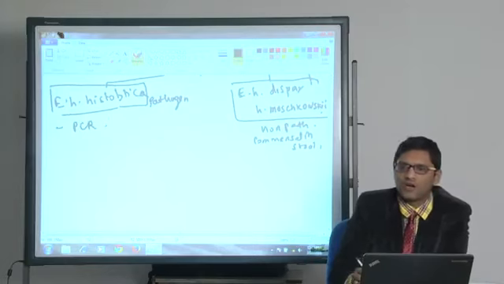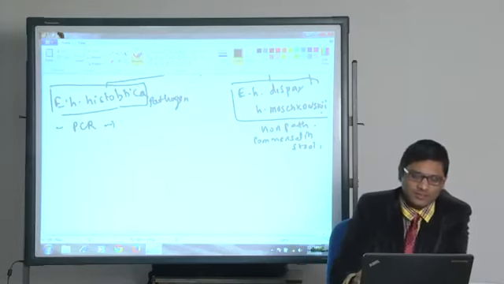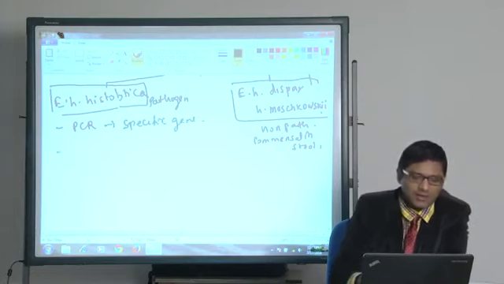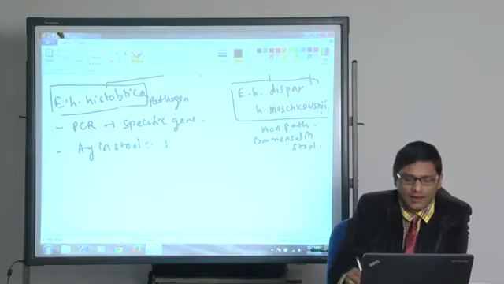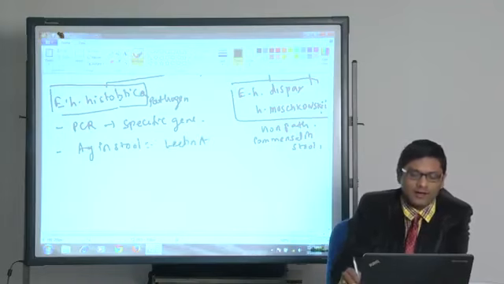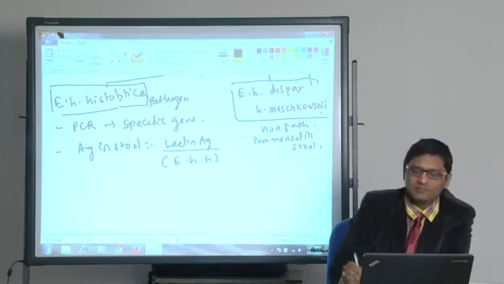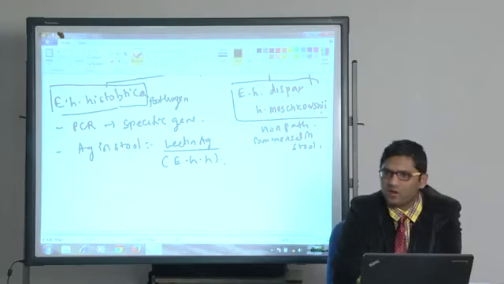PCR is done to detect the specific gene of the respective subspecies. Otherwise, you can look for antigen detection in stool, because the lectin antigen, which is the virulence factor, is only present in Entamoeba histolytica histolytica and will not be there in other subspecies because they are non-pathogens.